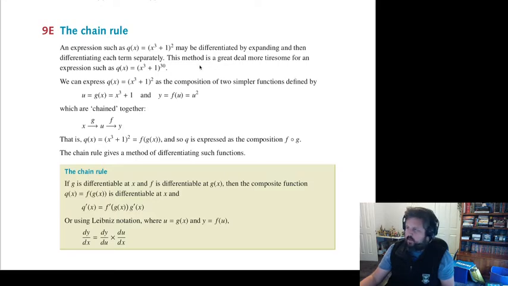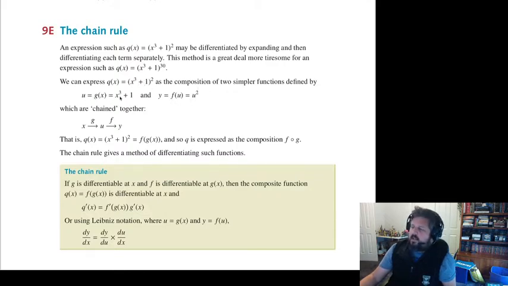However, the good news is we can define this function as a composite of two simpler functions. Consider the middle part in the bracket and define that as u, so u is x to the power of 3 plus 1, and the other part of the composite function is u squared.